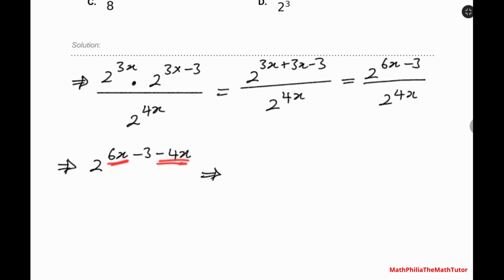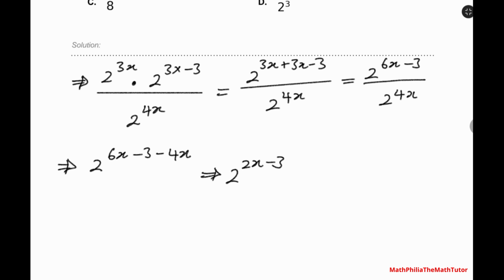These are like terms. Okay, they both have x in them, so let's go ahead and do that. That is 6x minus 4x is 2x. So we have 2 raised to the power of 2x, and then because this negative 3 is an unlike term, it has no x, so we cannot combine it. And this is the final simplification.